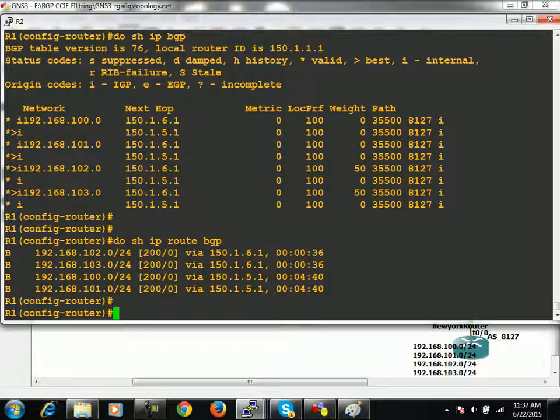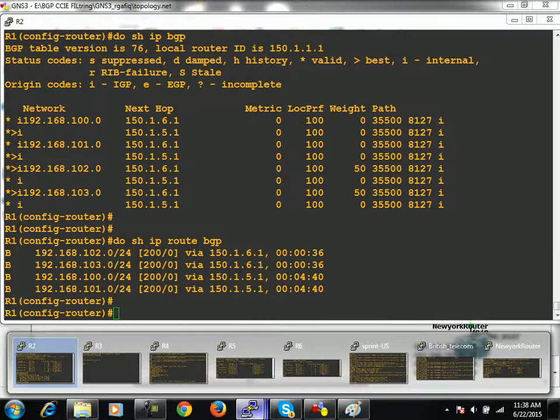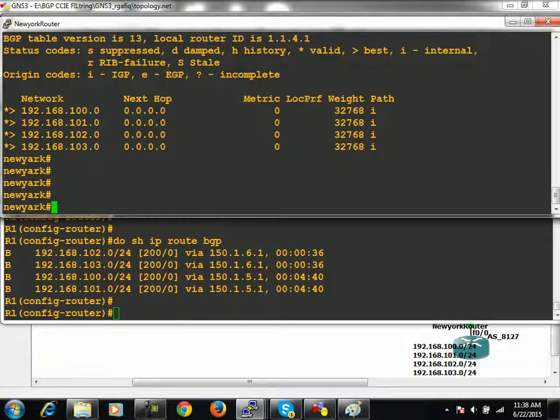Now I said that weight is by default 32768 for self-advertised prefixes. So you can move on to the New York router and confirm it. See, and for self-advertised prefixes the next hop will always be 0.0.0.0. If your prefix is self-advertised, then by default its next hop address will be 0.0.0.0.